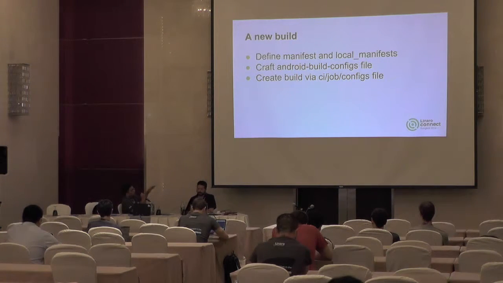Once we have committed to Android build configs, the next step is to create a new YAML file, which is basically analogous to creating a new job in Jenkins. The good thing is that we can reuse the config templates that we already have. If you want to do a new reference LCR job, you can directly copy the reference LCR Juno M config file and then edit it to use the new Android build configs.